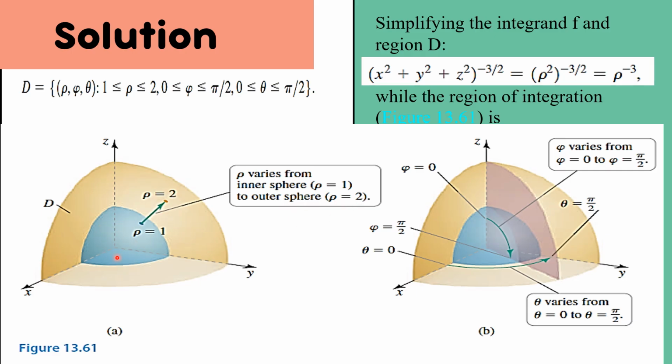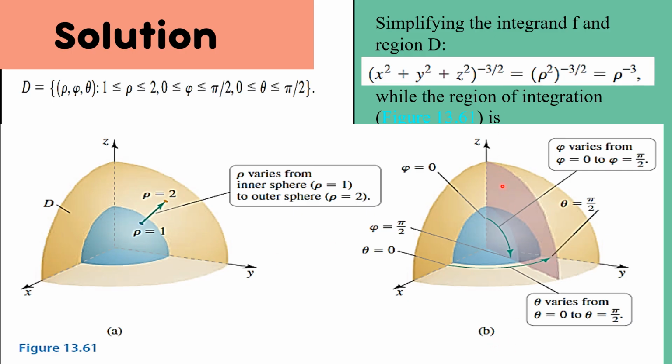This blue first octant of a sphere is the lower bound, rho equals 1, and the upper bound is the octant of the second sphere, rho equals 2. One is 1 unit away from the origin and the other 2 units away from the origin. This is for the first octant of the two spheres given.